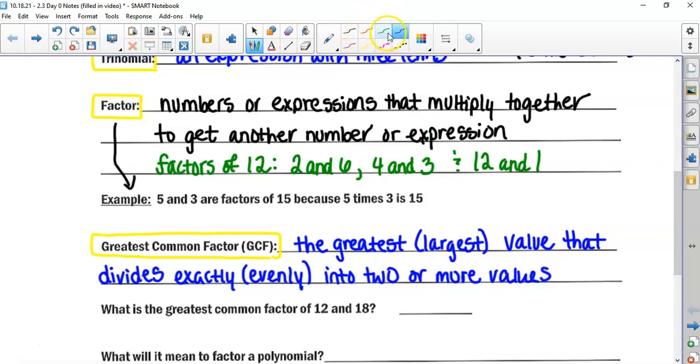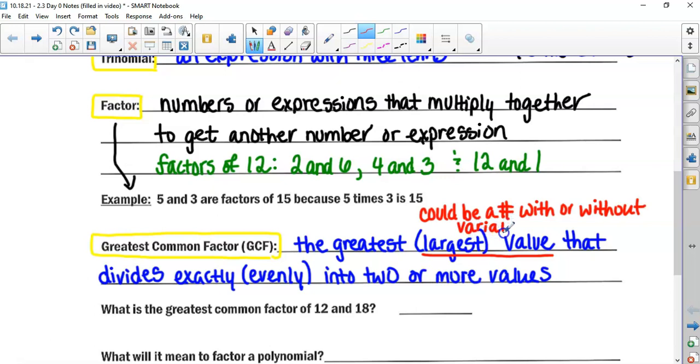And I changed the word to values. We could have also said terms, because this could be with or without variables. So that GCF could just be a single number, a constant term, or it could be a constant and a single variable with it, or a constant and multiple variables.